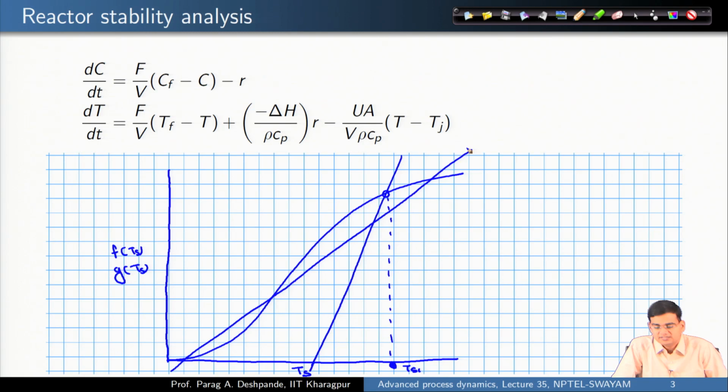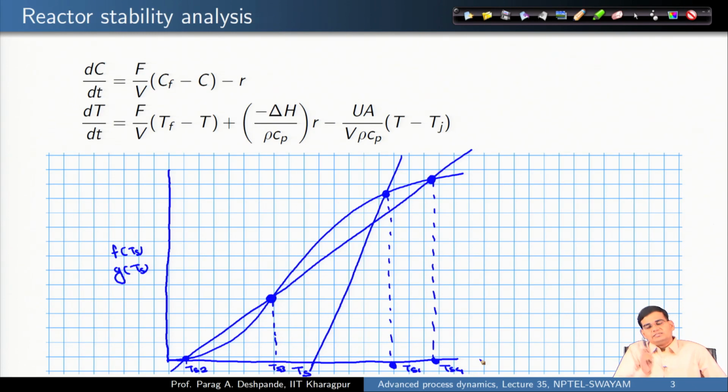Now, I have a case where you have 3 intersection points, 1, 2 and 3. So, T steady state 2, T steady state 3 and T steady state 4.